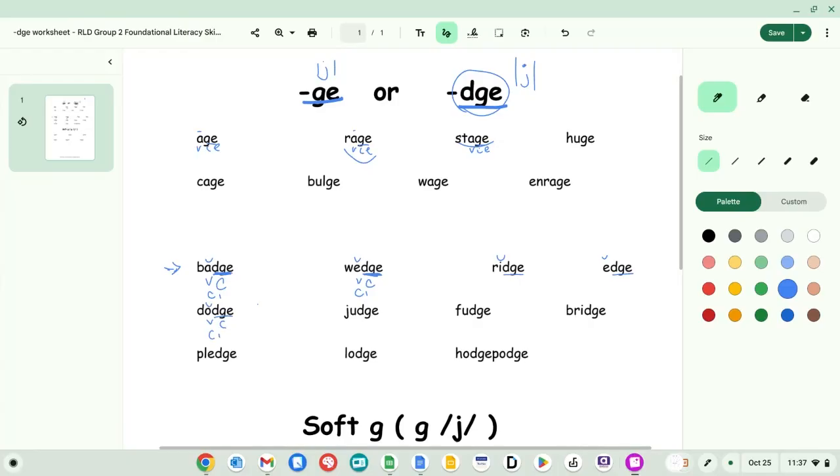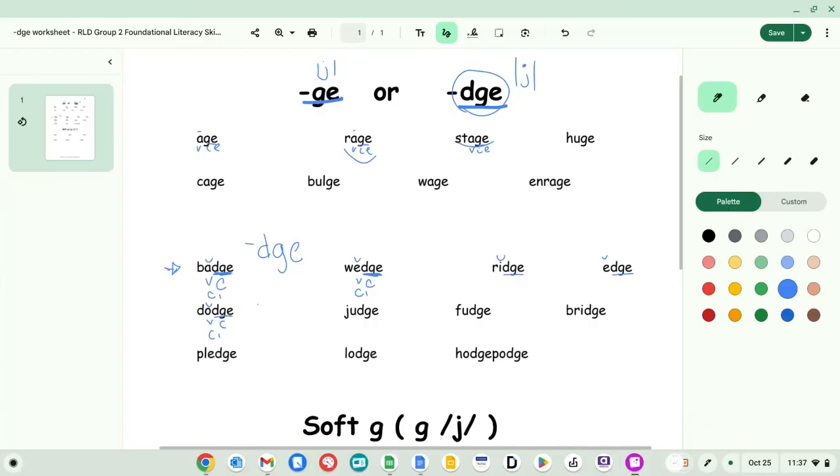So we want to get our students to notice that we only use DGE after what type of vowel? And this is after a short vowel in a closed syllable word. Notice all of these words here, like badge, wedge, ridge.